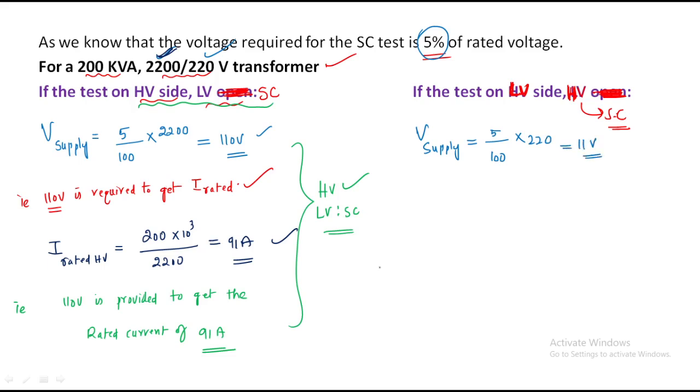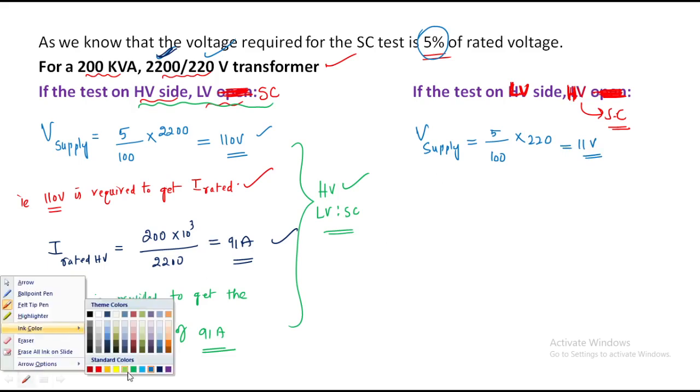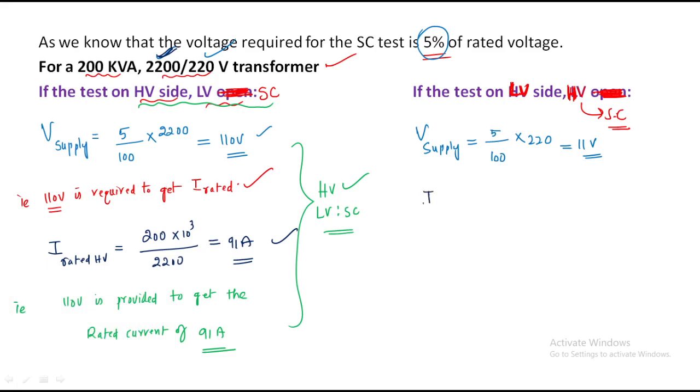And the current I rated LV is the VA rating of the transformer, 200 into 10 cube, divided by the EMF 220. In this case we get 910 amperes.